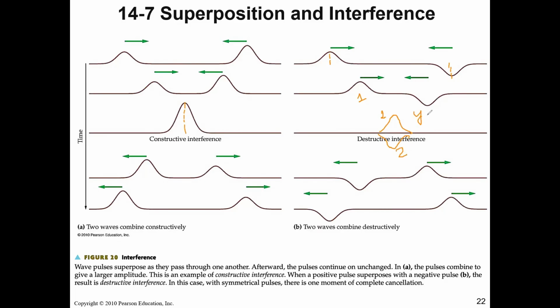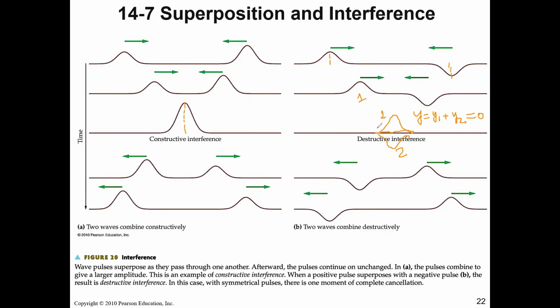And when we add up something positive plus something negative, we're going to see that the resultant thing, if y1 is exactly equal to minus y2, is 0, and it looks like there's no wave in here.